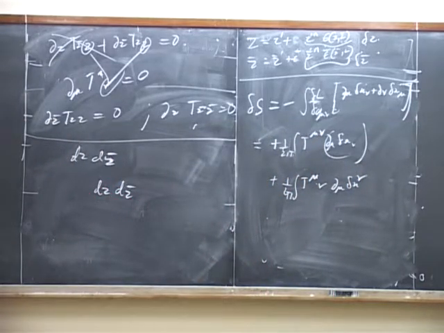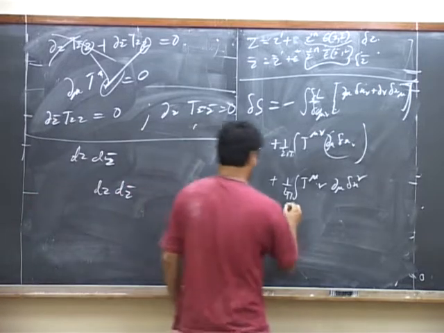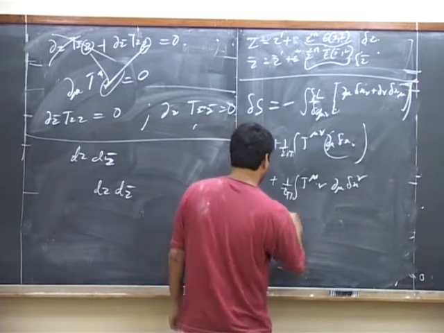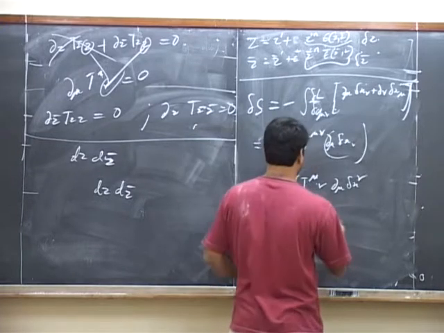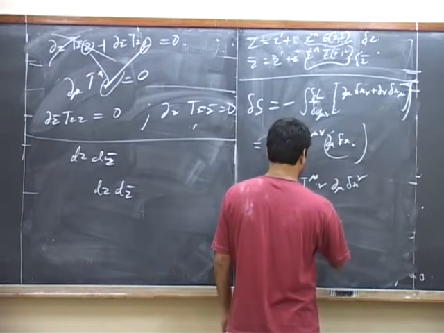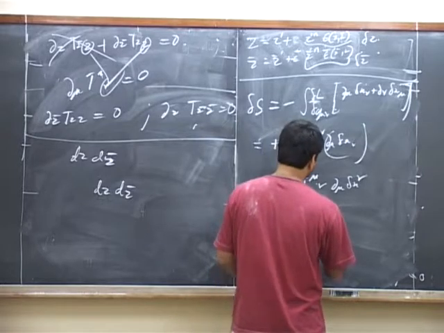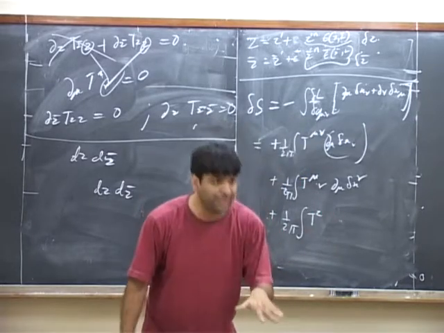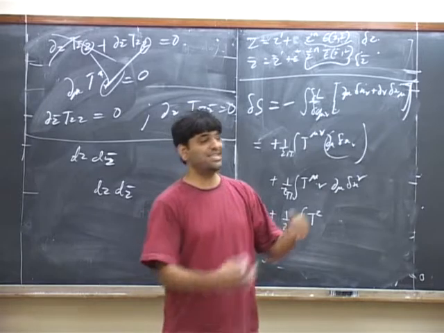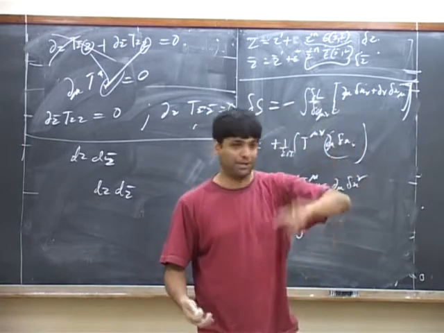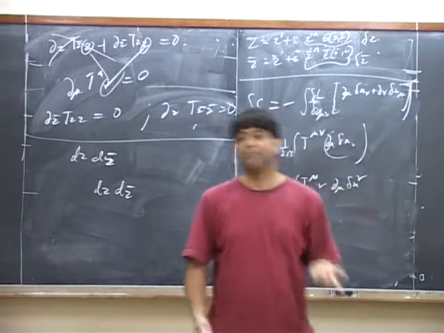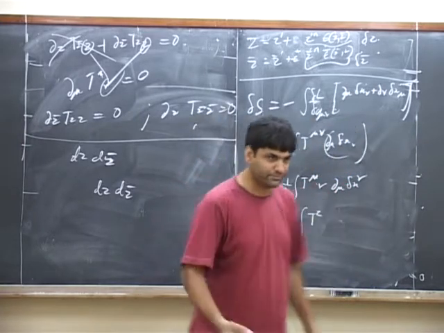So this is plus 1 by 2 pi times T z z bar, where both go down, which means T z z with one up, one down, or T z bar with one up, one down, are both 0.